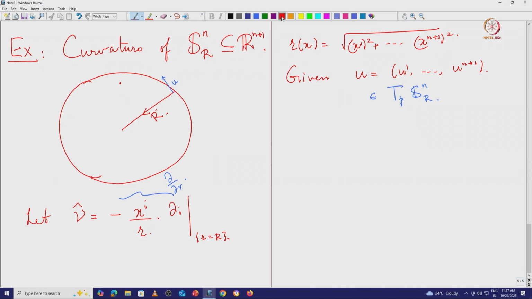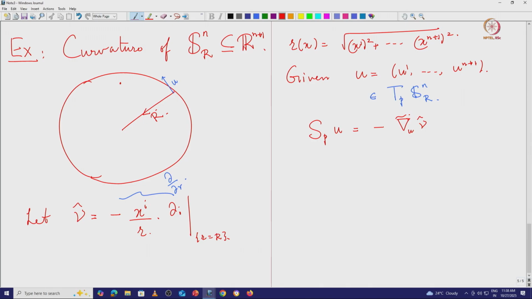Okay, so I want to compute the shape operator. So what is the shape operator? That is just the shape operator applied to u is just the negative of the derivative of the unit normal vector with respect to u, right.